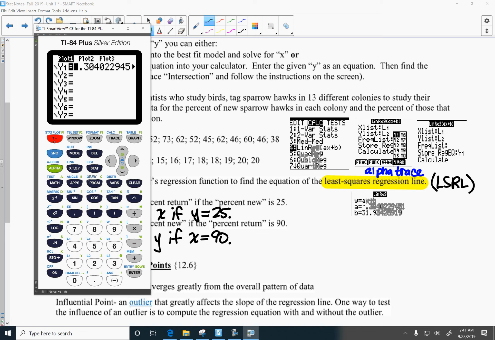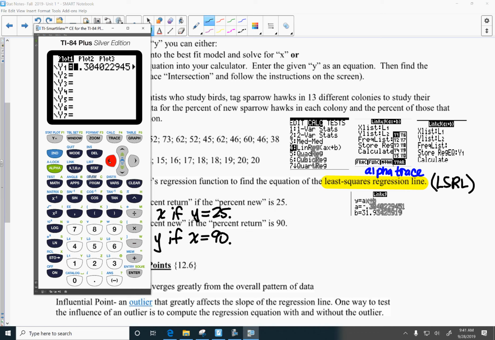All right. I could scroll over it and look at, well, there's a lag on this, but you can scroll over if you want. But you could also take my word for the fact that the calculator took the a value here, plugged it in for a, took the b value, plugged it in for b, and then took that entire expression, including the x, and typed it into y1. It stored it in there for you. All right, so that's good to go.